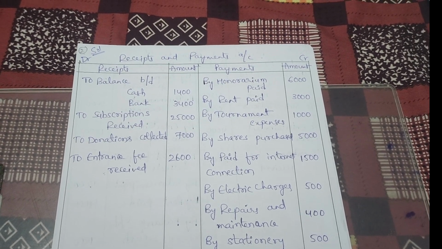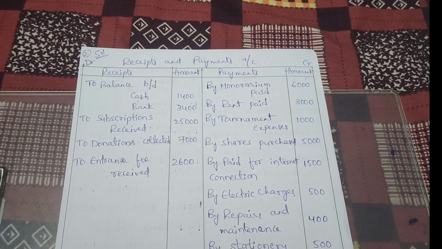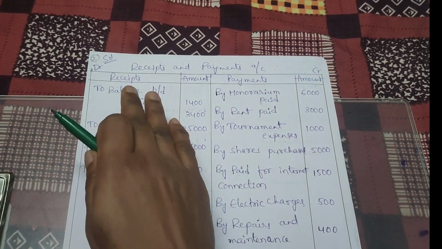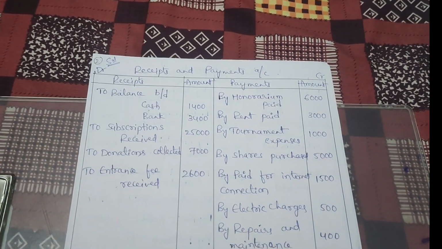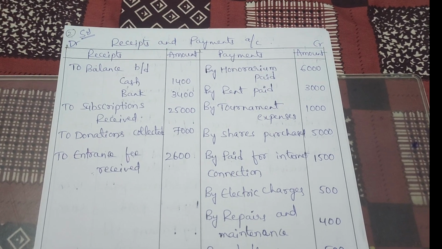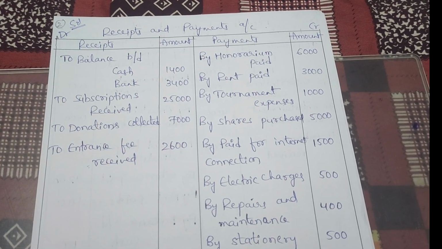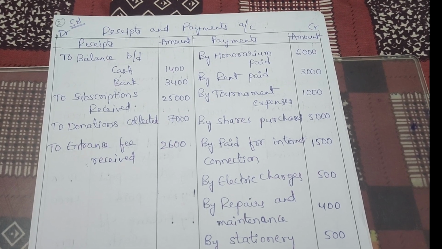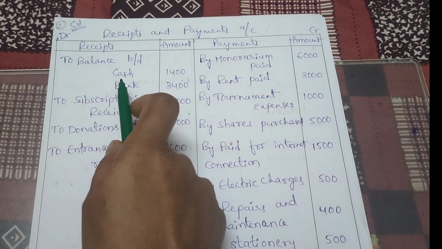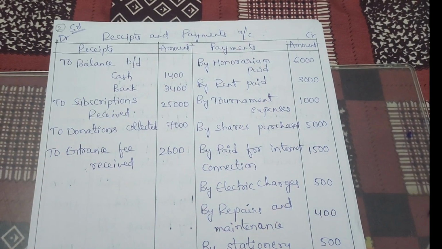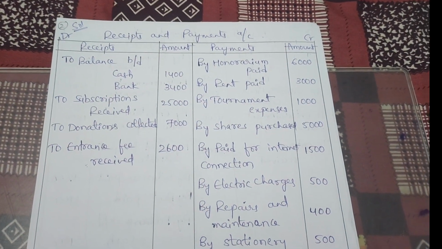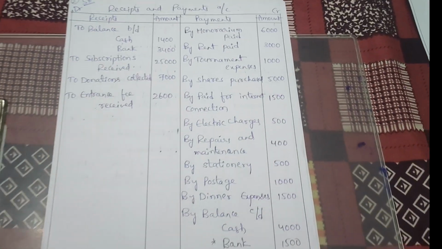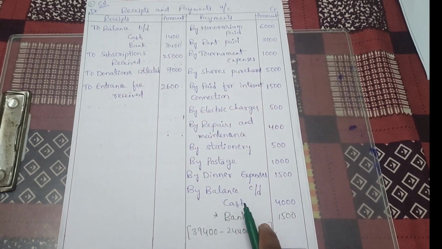As I told already, first of all, we should always write on the debit side the opening balances of cash as well as bank. If any opening balance of cash and bank is given in the question, that should be recorded on the debit side first. Closing balances of cash and bank will always be recorded last on the credit side.